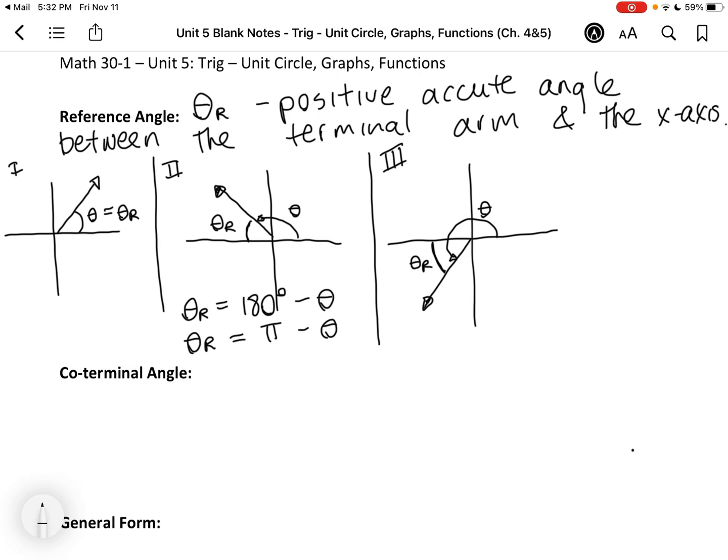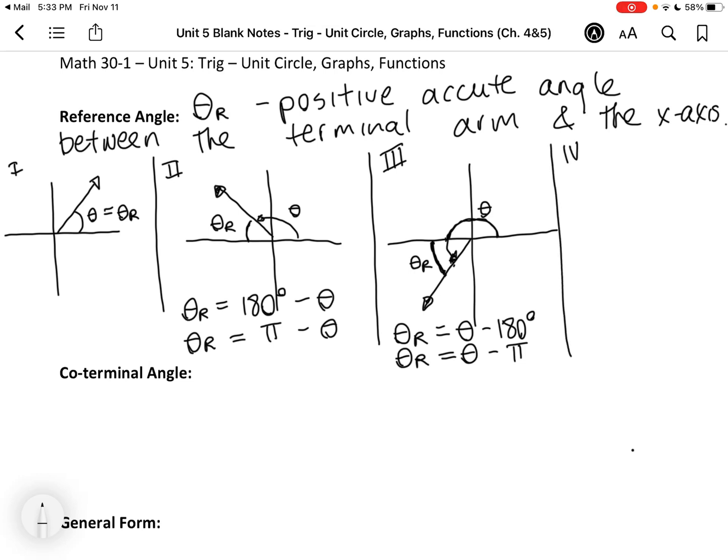So to get that reference angle, we can take the entire angle and subtract out this 180 degrees that just gets us to here. Imagine that this was 210 degrees altogether. There'd be 30 degrees from the terminal arm to 180. So it'd be 210 minus 180, for example. Or in radians, it would be theta minus pi.